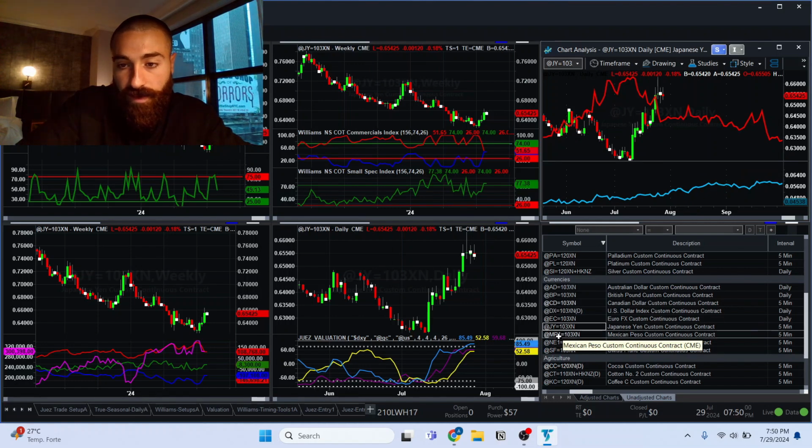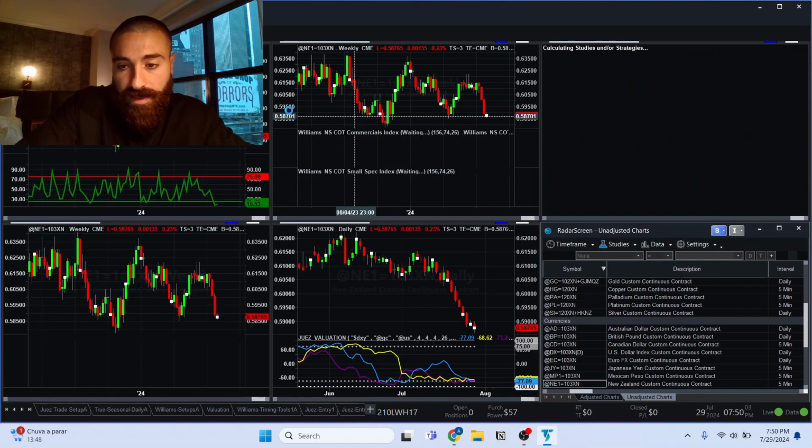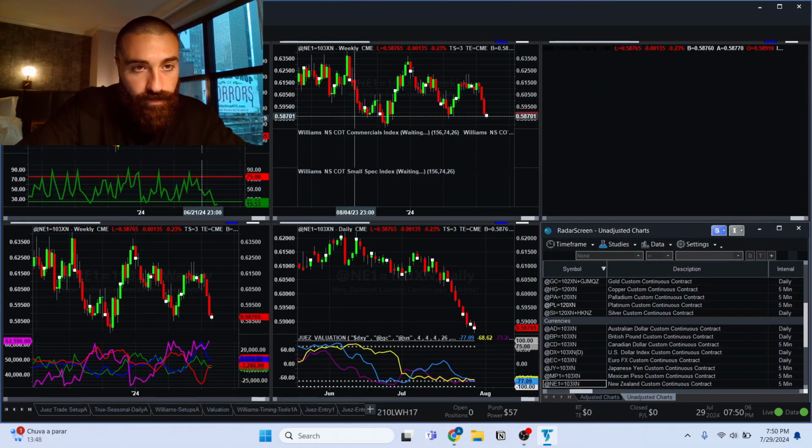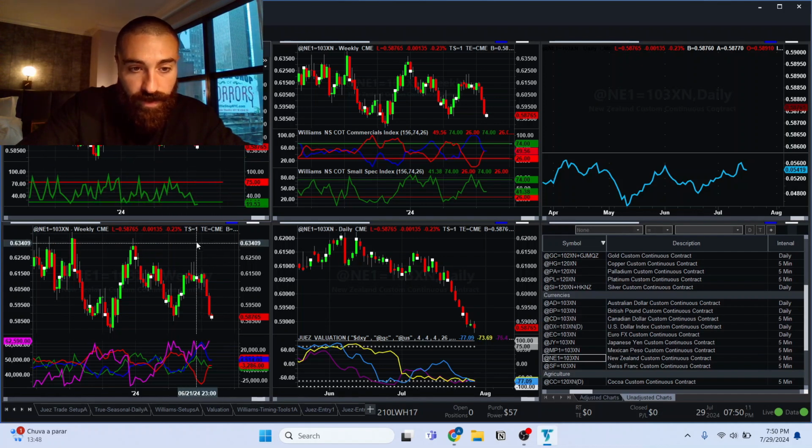Next we have Mexican peso. I'm going to skip that. We're going to see New Zealand. I've shorted New Zealand multiple times because look at this nice bearish move. We are below 25 on sentiment. We are undervalued.